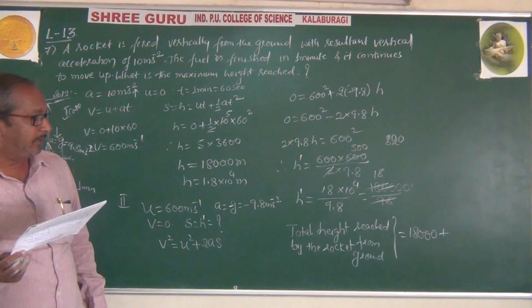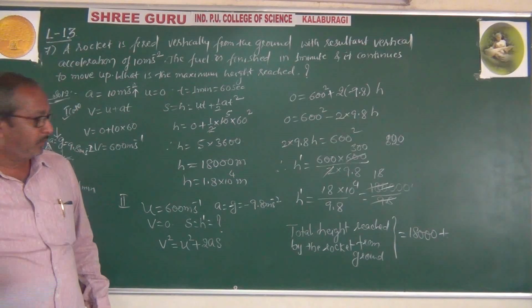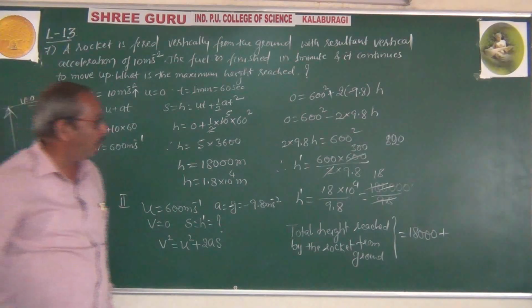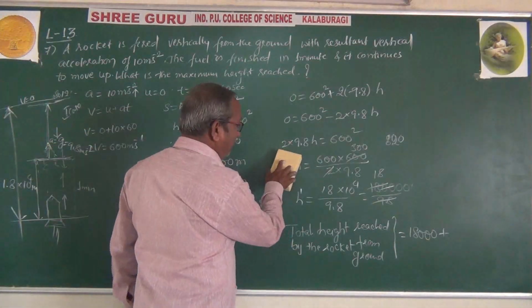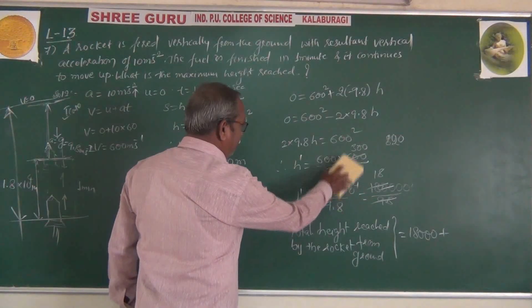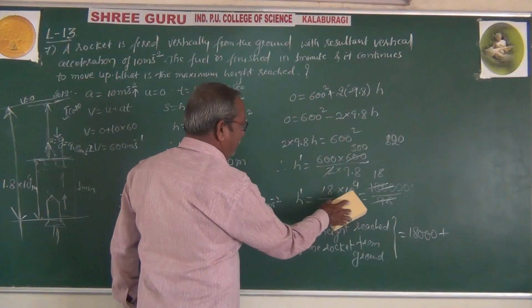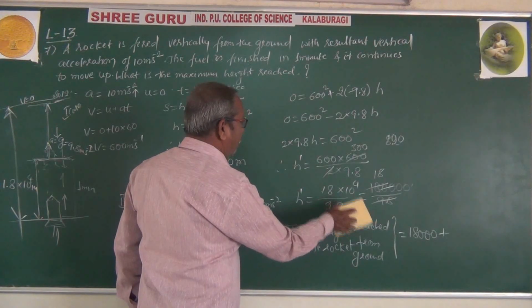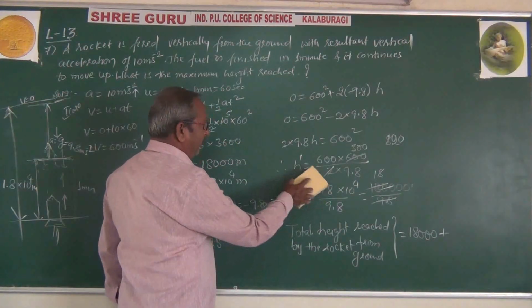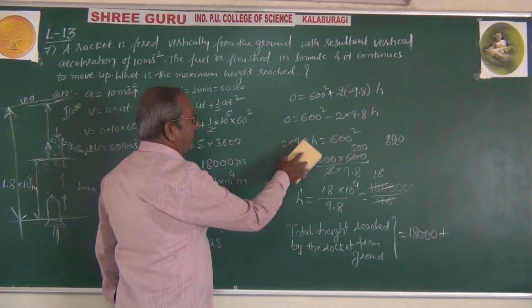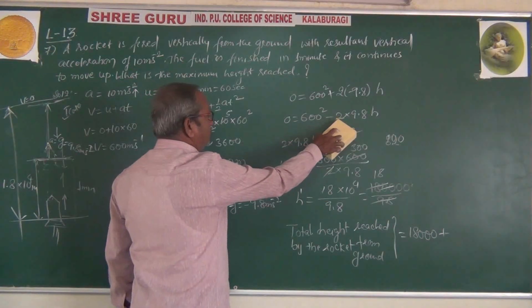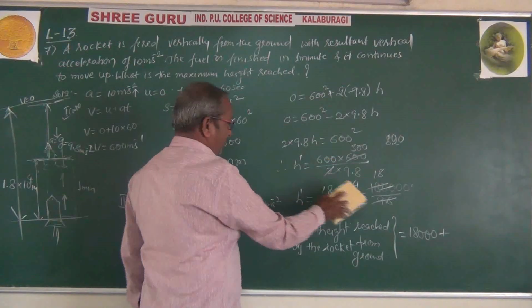6 into 380. A small mistake here, 2 will be there, 2 is 9.8. Yes, you can simplify, no problem. This is 600 square, 2gh, everything is okay, correct.